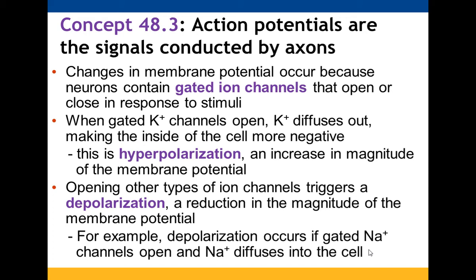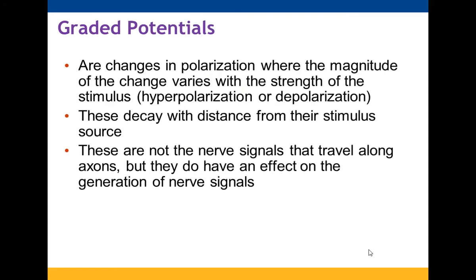So, if you open up your sodium channels and you increase the sodium concentration inside the cell, you're adding positive ions, which are going to help to balance out that negative charge from the chloride, and that would reduce your overall cell potential. So, sodium and potassium changes can both influence hyperpolarization and depolarization.